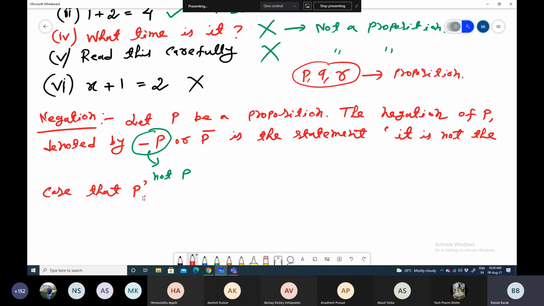So P is a statement, and not P is the statement that it is not the case that P.